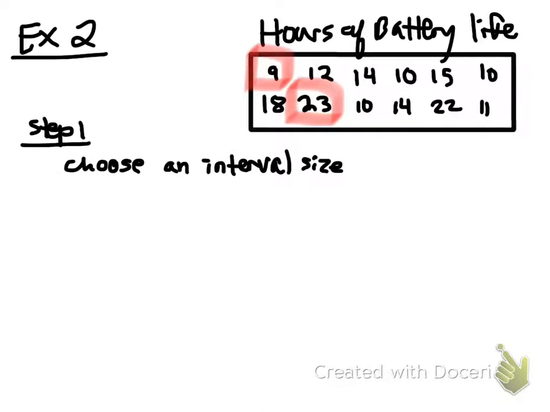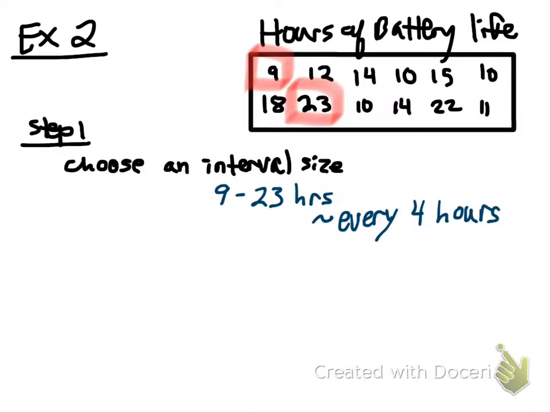So 9 and 23 is our range, 9 to 23 hours. A possible interval choice could be every 4 hours.